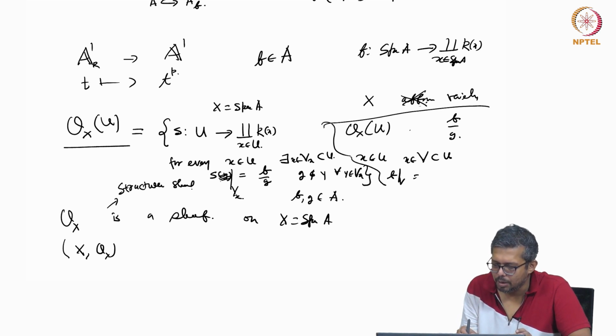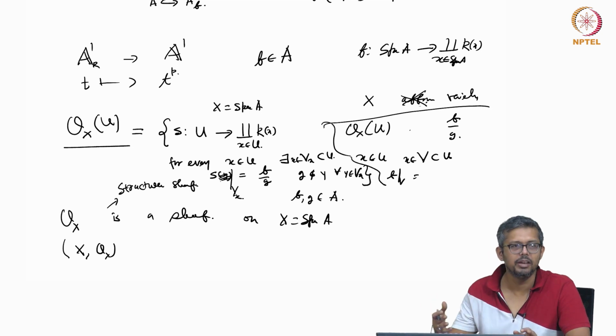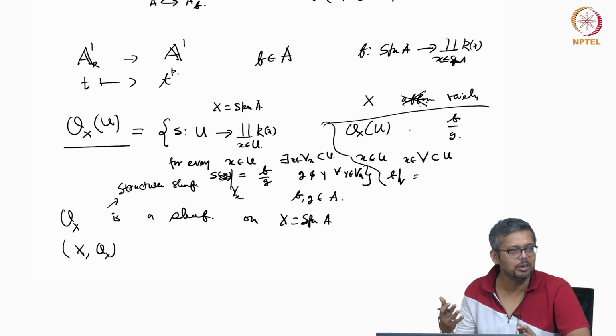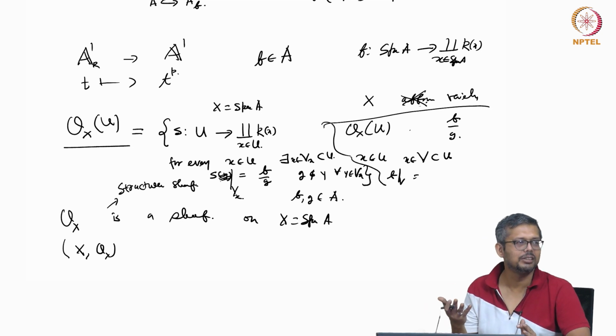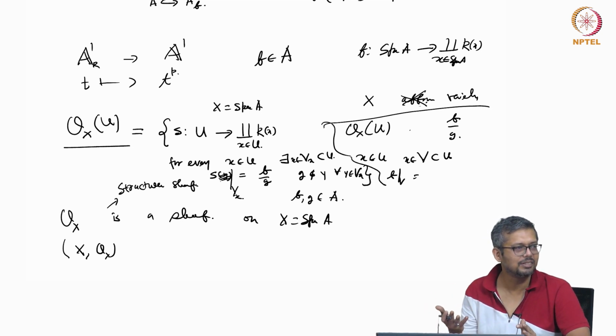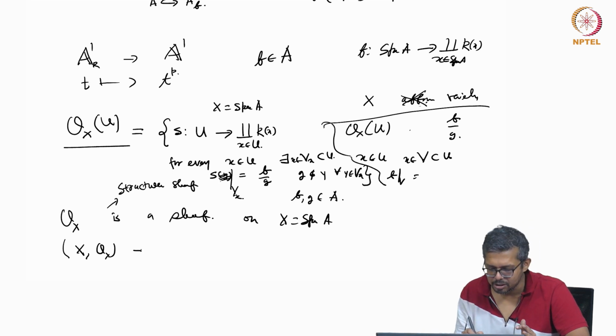So the upshot is what? That you start with a ring A, you not only get a topological space, you get a topological space along with a sheaf of functions, or structure sheaf. And this X, OX is called an affine scheme.